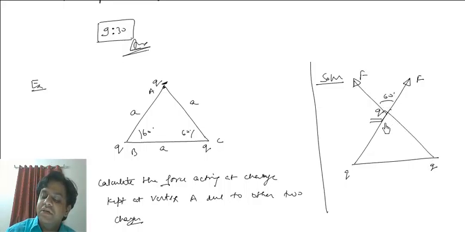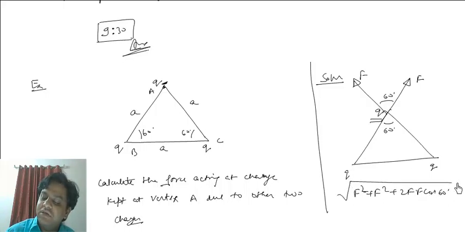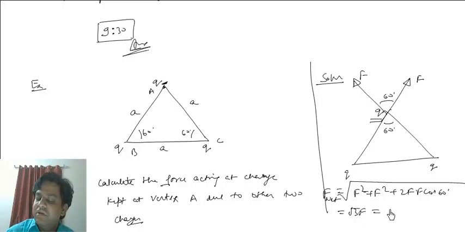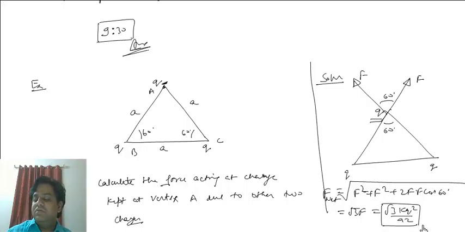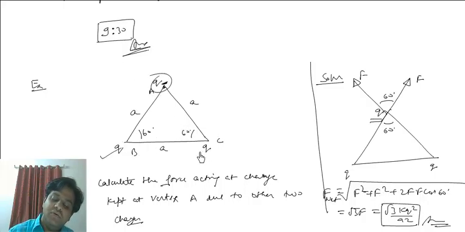This angle will be 60 degrees, as a vertically opposite angle. So the resultant of these two forces will be the square root of F square plus F square plus 2F into cos 60 degrees. So this will give me F net, which is simply root 3 F, that is root 3 KQ square by distance, which is A square. This way we can easily calculate the force acting on this charge due to the other two charges.